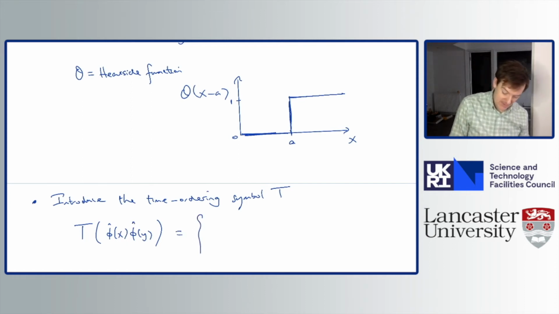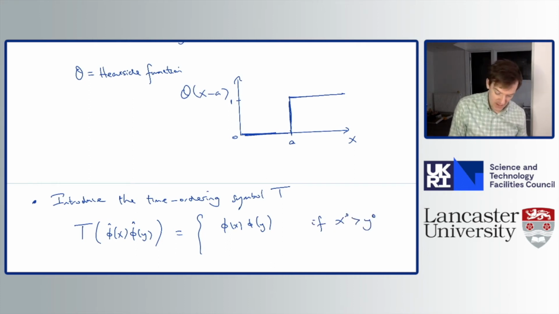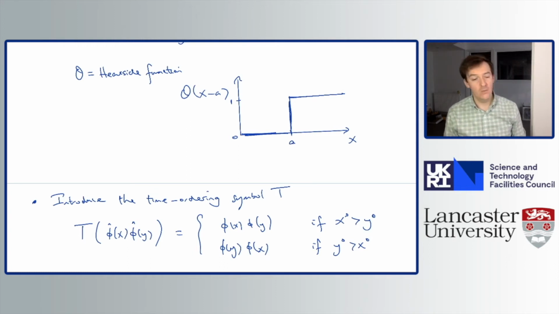What does this mean? This is exactly what we had before: if x naught is greater than y naught, we get the combination xy, and if y naught is greater than x naught, we get the product yx.